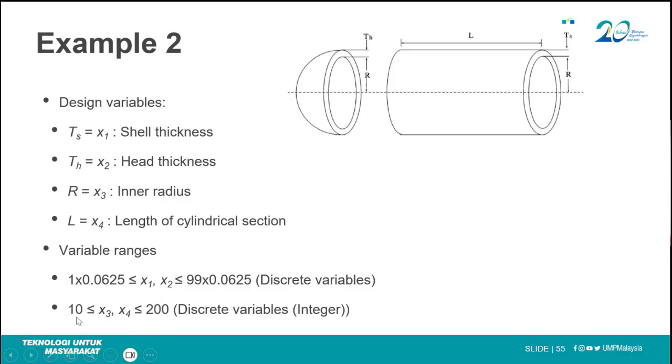The second group, x3 and x4, the inner radius and length of the cylindrical section, are discrete variables that only take integer values between 10 and 200. So this is another example of problem representation, consisting of a mixture of discrete variables and discrete integer variables.